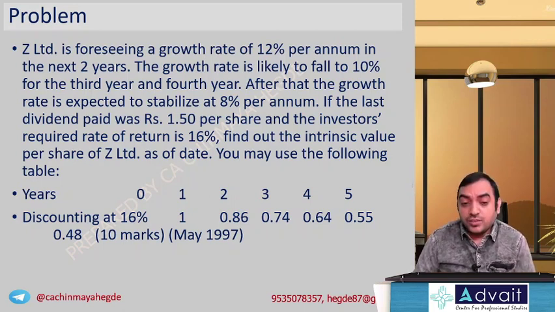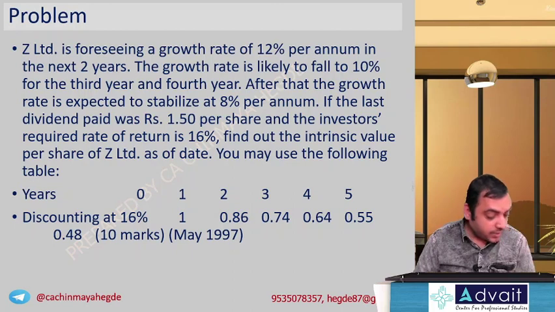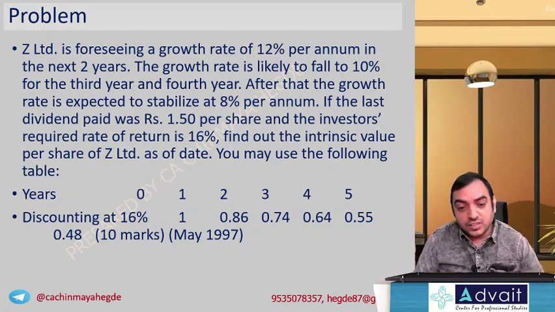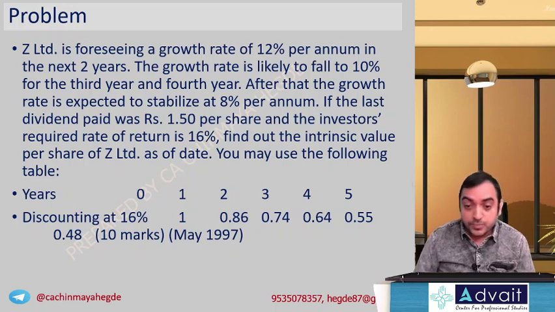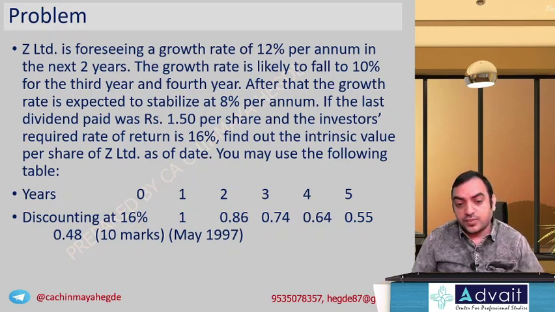After that, the growth rate is expected to stabilize at 8% per annum. If the last dividend paid was 1.5 per share and the investors' required rate of return is 16%, find out the intrinsic value per share. You may use the following table. Years, discounting rate.